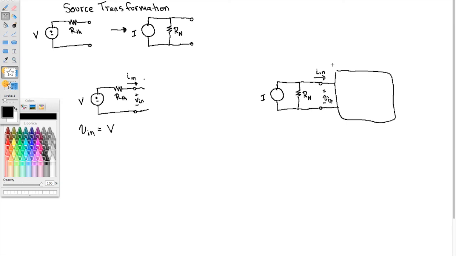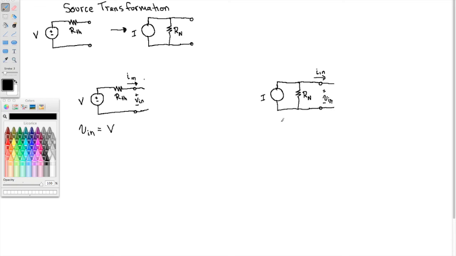Okay, now, remember we said the notion of equivalence, if I connect the same thing. So now I'm going to connect an open circuit over here. All of the current, then, has to go through Rn. Okay? Has to go through Rn.